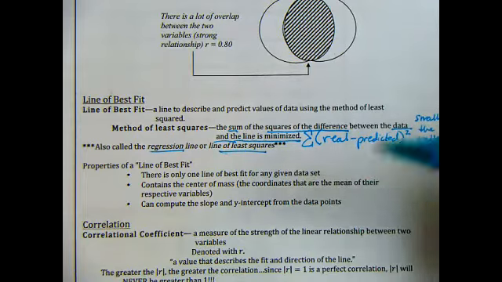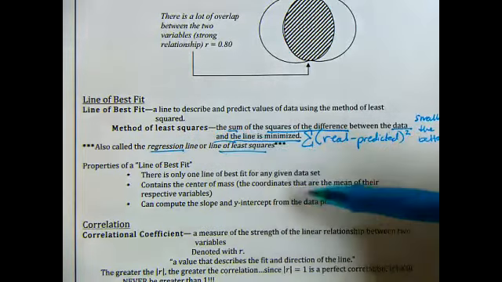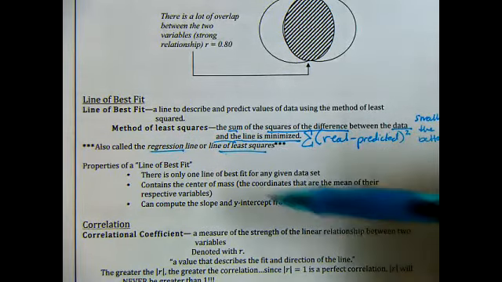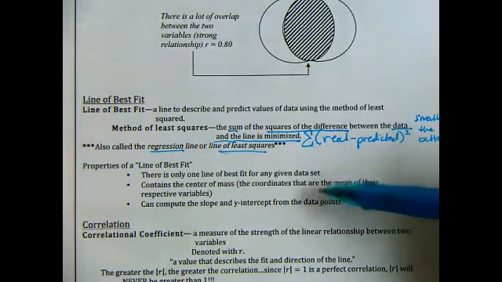So there's only one line that has the smallest error, it's called, okay? There's only one line that has the smallest least squares, and that's going to be your line of best fit. You can have other lines on there, but they're not going to be the line of best fit.